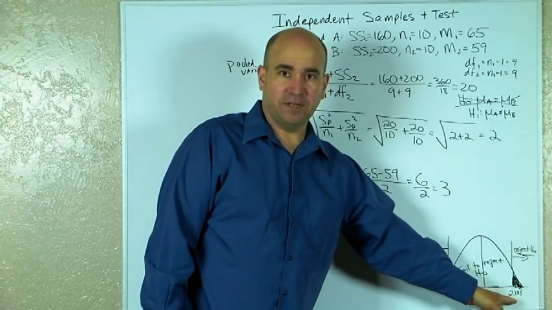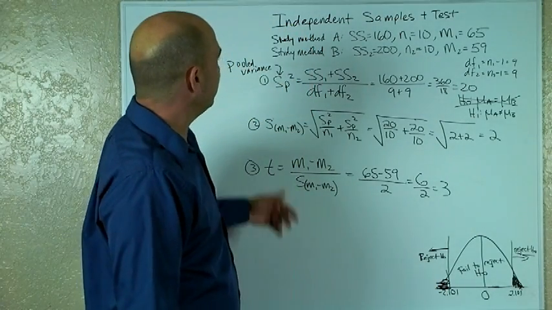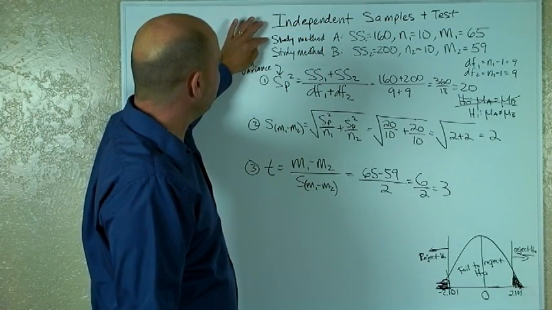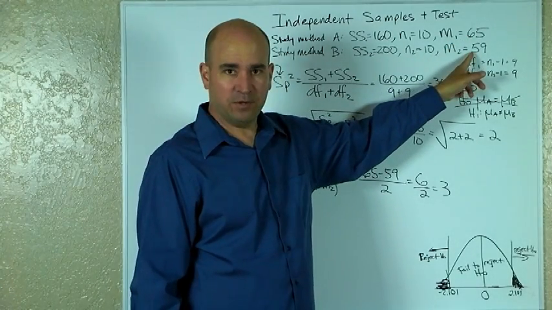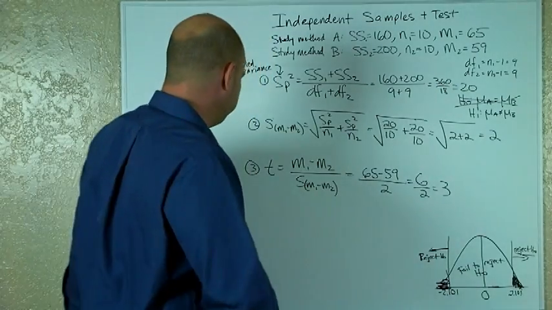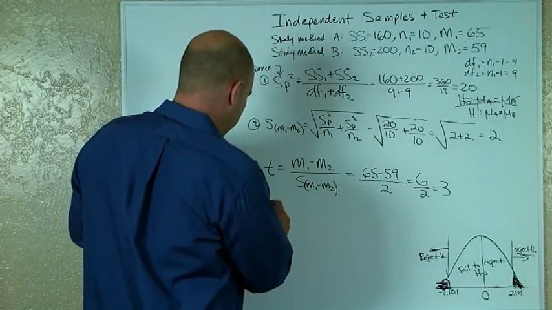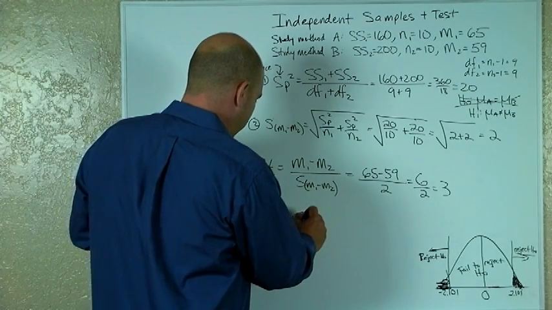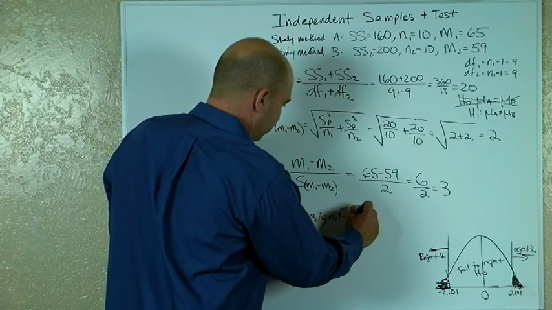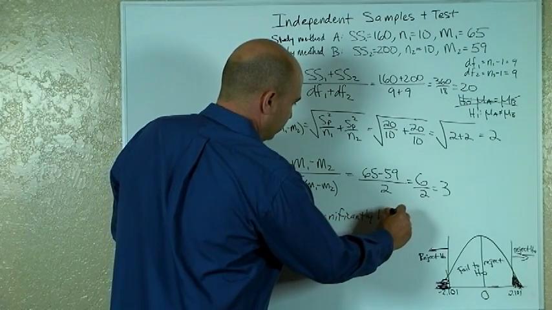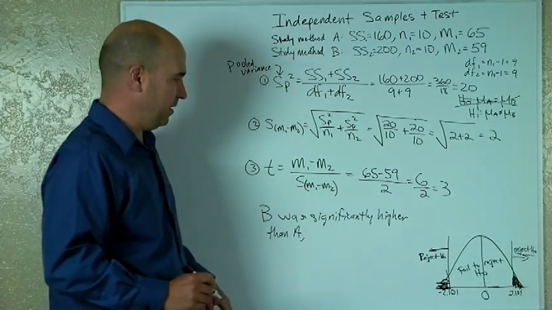Since that result was significant, since I rejected the null hypothesis, I will conclude that the people who used study method A had significantly higher scores than the people who used study method B. I'm just going to shorthand that for the purpose of our video here. B was significantly higher than A.